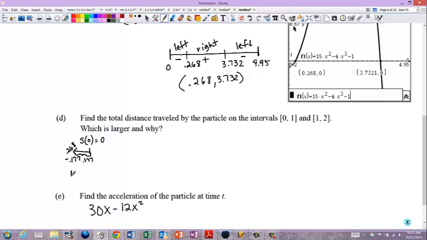And then at 0.268, he turns around and goes back the other way, all the way to 1. And at 1, it was 3.